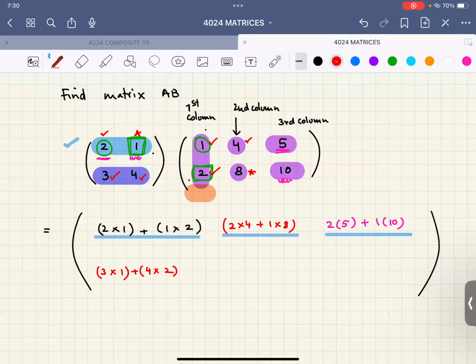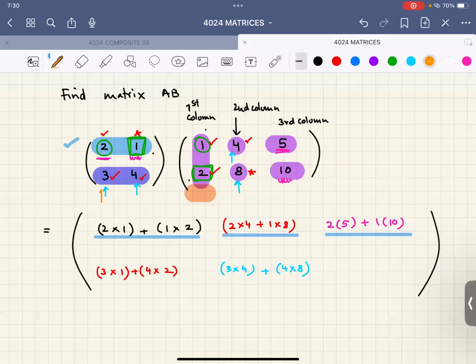Similarly, let me choose another color. Let me choose this blue color. Use 3, use this 4, use this 8. So that's 3 into 4, 4 into 8. Let me use orange color.